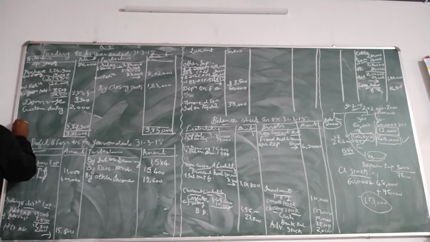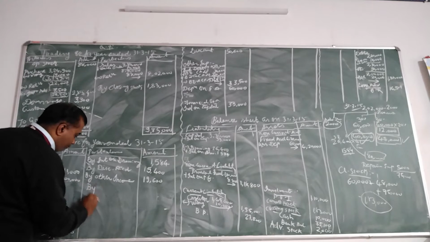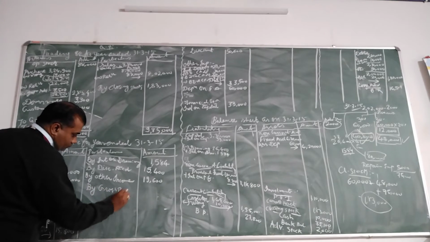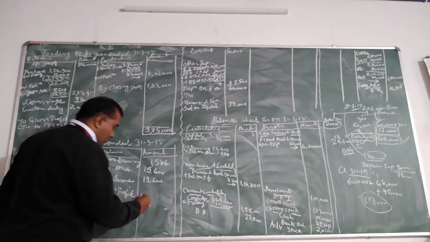It is gross profit. So we write here to gross profit, transferred into profit and loss account. So here by gross profit, five lakh 87,300.